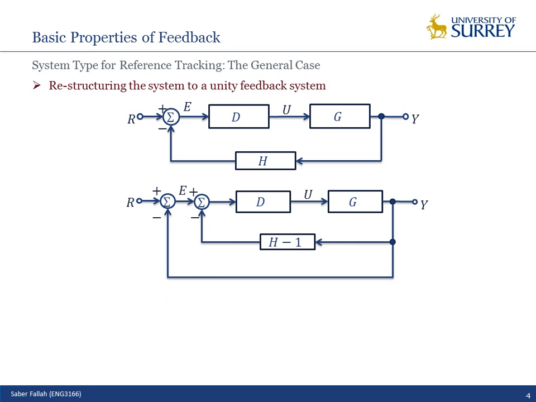What I do, I add a unity feedback to the system and subtract from this transfer function. If you rearrange all this, the first or inner loop feedback, consider it as an open loop of the system, and you will have a unity negative feedback to the system.